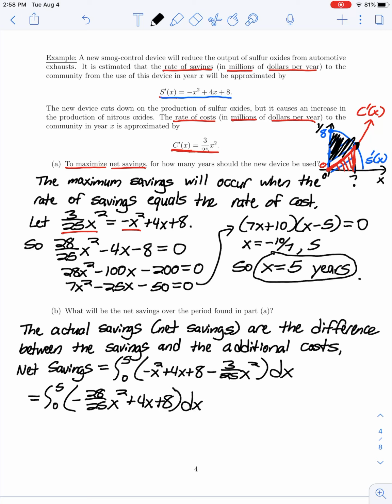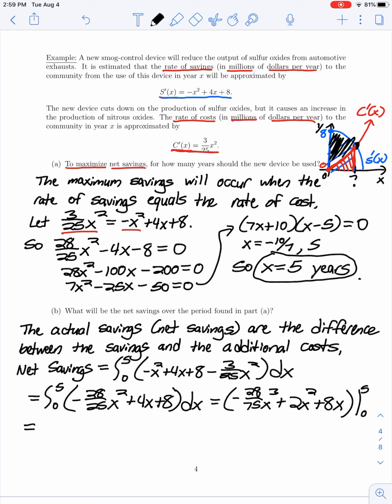So integrating, we have negative 28 over 25 times 3, which is 75, x cubed, plus 2x squared plus 8x, which we are evaluating from 0 to 5.